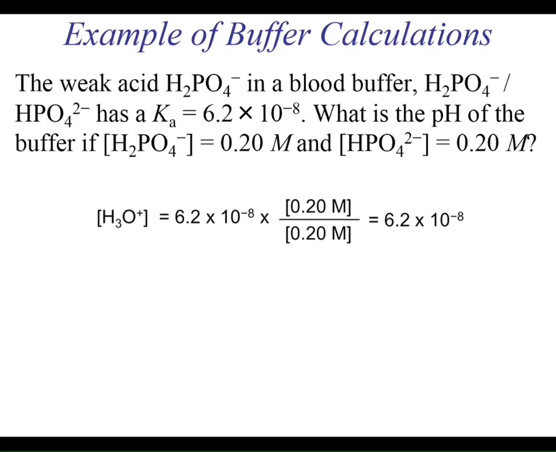Here's my Ka, 6.2 times 10 to the negative 8th, and I plug in my 0.2s. Those are going to cancel, right? 0.2 over 0.2 goes away and becomes 1. So I'm left with the Ka. So what's the pH? The negative log of 6.2 times 10 to the negative 8th, which is 7.21.